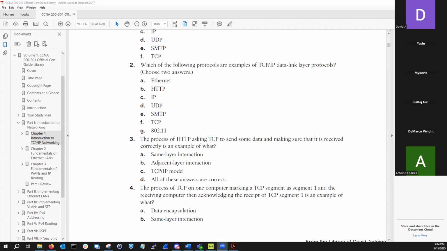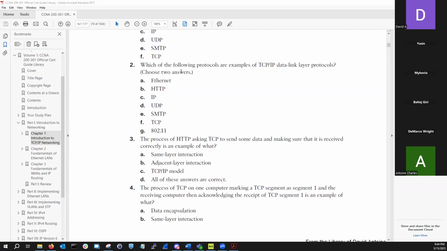The answer would be actually between two options, which is same layer and adjacent. I'll rule out the TCP/IP model and all of the above answers. So C and D are ruled out. Just going to make sure that I answer right.